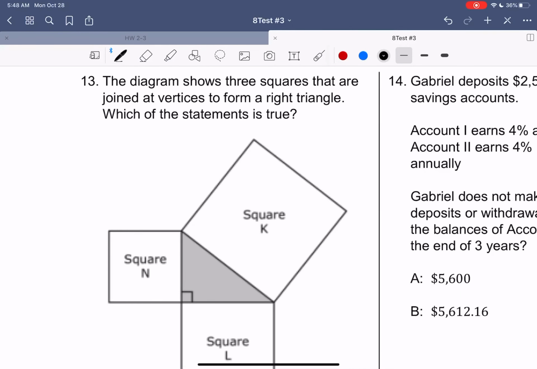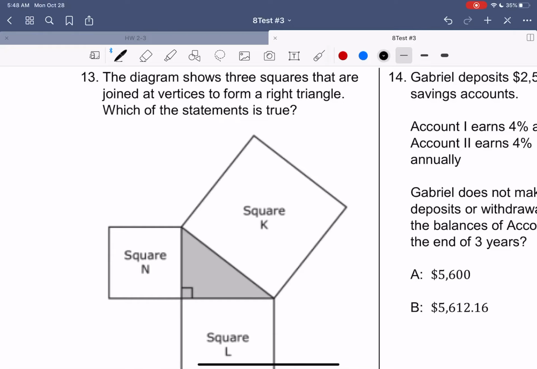Okay, the Venn diagram shows 3 squares that are joined at vertices to form a right triangle. Which statement is true?